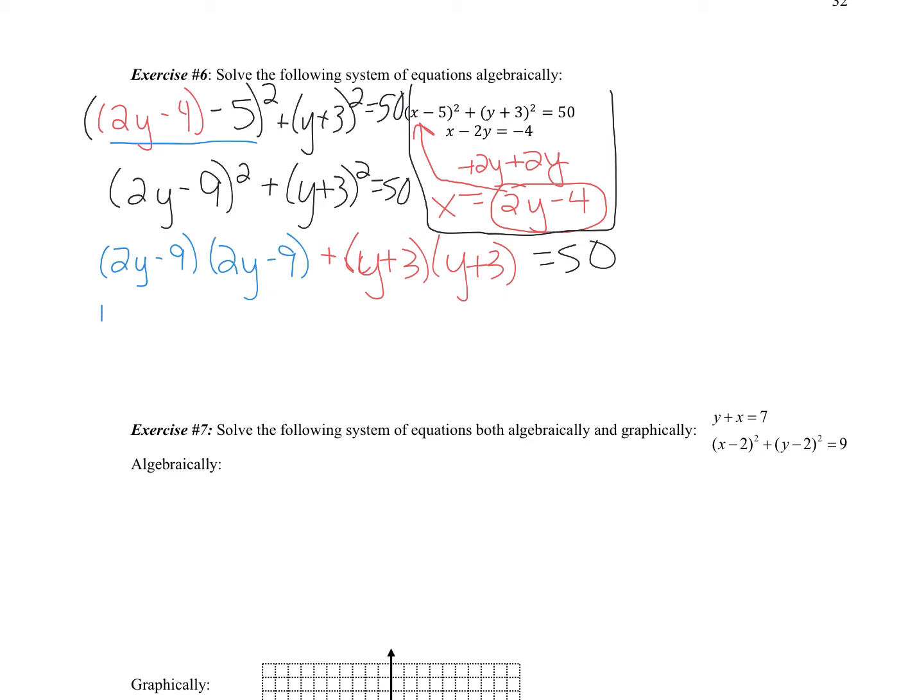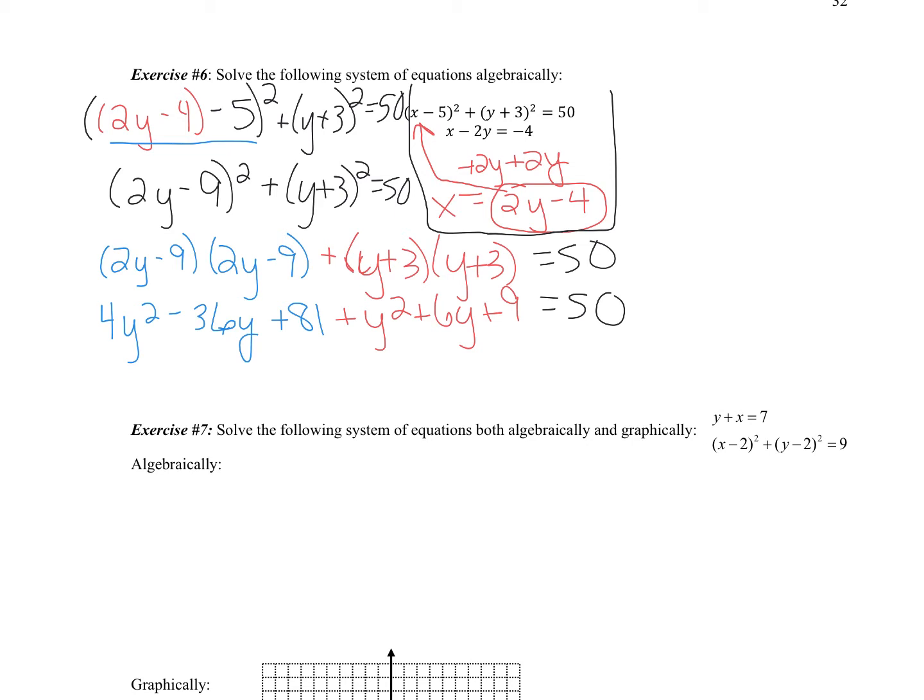Here, if I multiply this out, I'm going to use that one-step process. I have 4y squared. My second and third arrow both give me negative 18y, so this is negative 36y. And then plus 81. And in the red section, I have y squared plus 6y plus 9. And then equals 50.